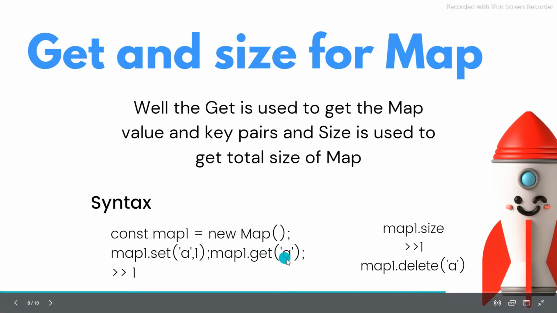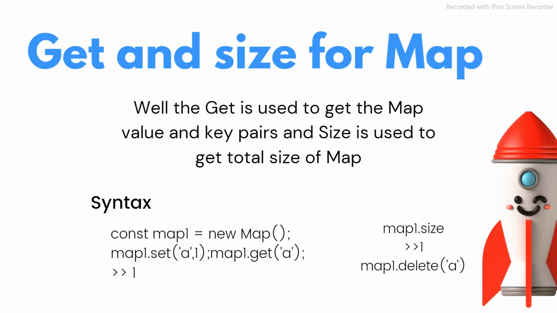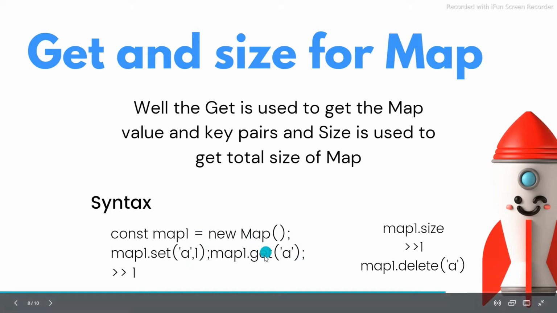When I say map1.get('a'), that is, map.get of a property, we get its value. This is how we access the values of a map. And we have size. Whenever we use the size syntax, it gives us the total number of properties present in it.